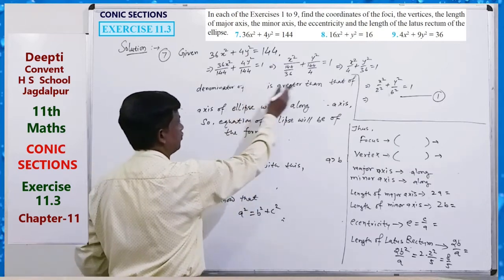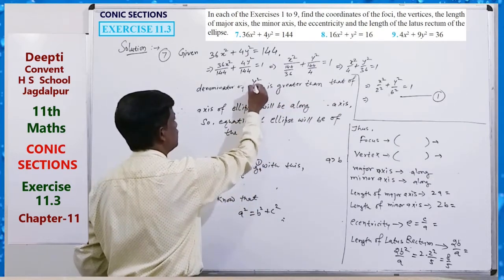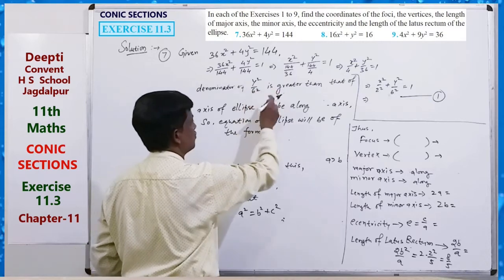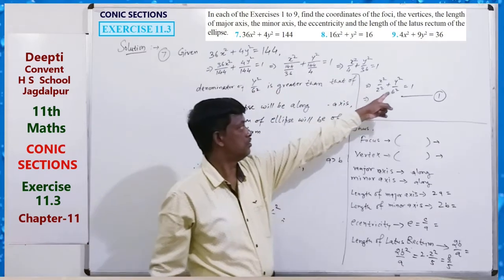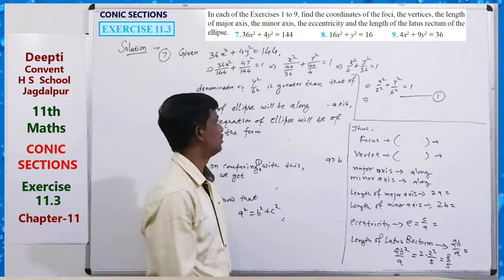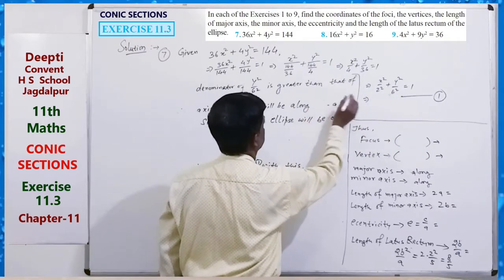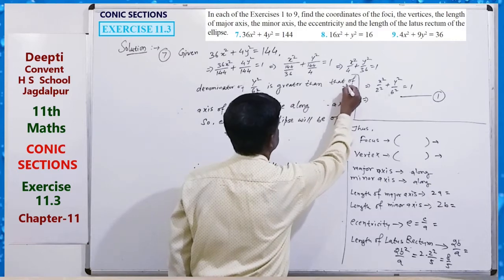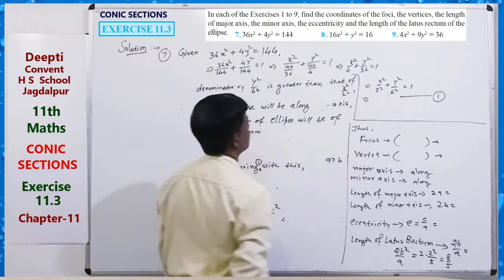Now, the denominator of y square by 6 square is greater, since 6 square is greater than 2 square, than that of x square upon 2 square.